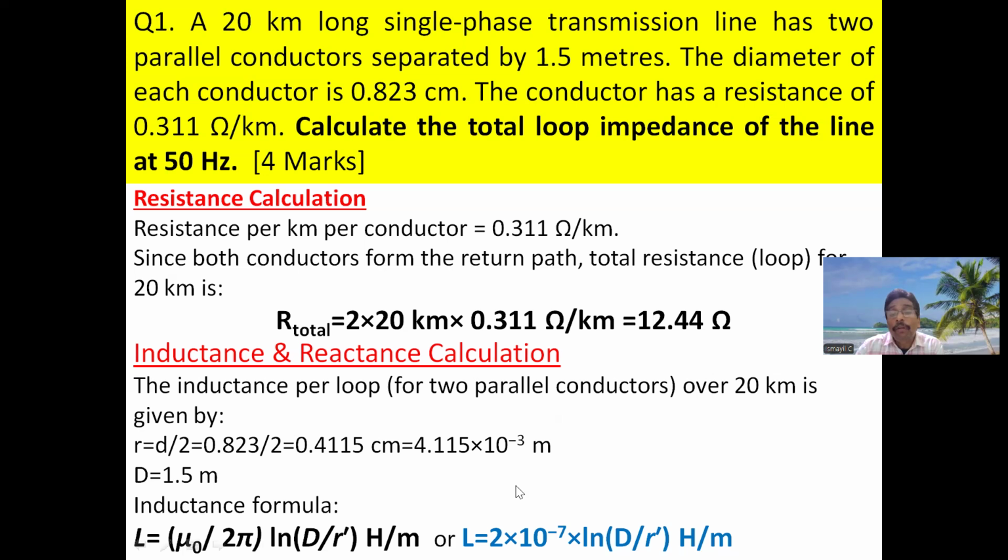So the inductance formula is L is equal to mu naught divided by 2 pi ln d by r dash, where r dash is usually called the geometric mean radius of the conductor. If you substitute the value of mu naught is equal to 4 pi into 10 raised to minus 7, you will get L is equal to 2 into 10 raised to minus 7 ln d by r dash Henry per meter.